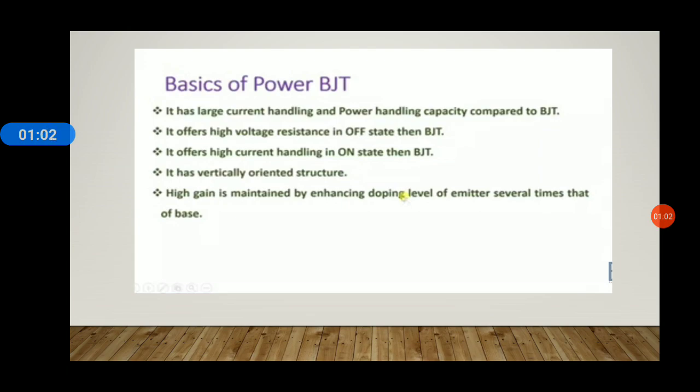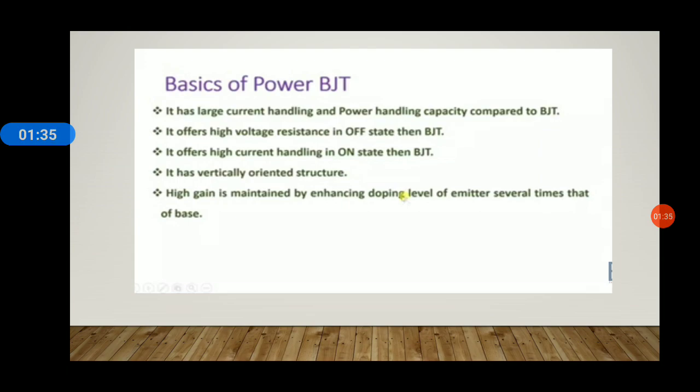So the size of power transistors is larger than that of a low power transistor. This is very important for dissipating more power. Now, they offer high voltage resistance in off state than a normal BJT and high current handling capacity in the on state than a normal or low power BJT.